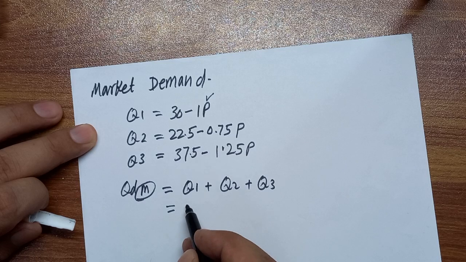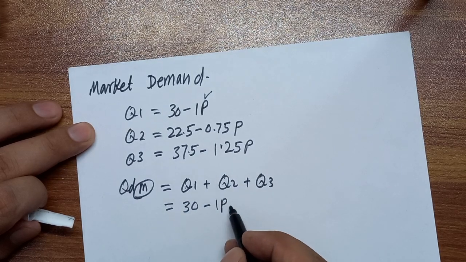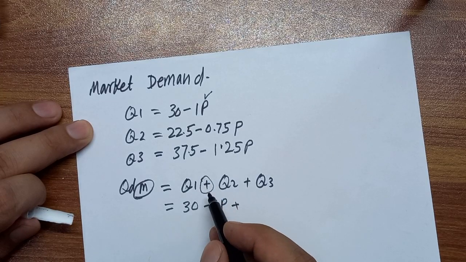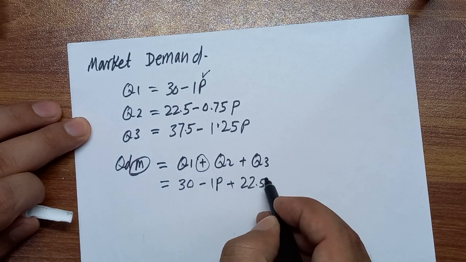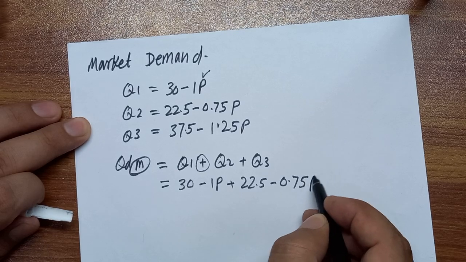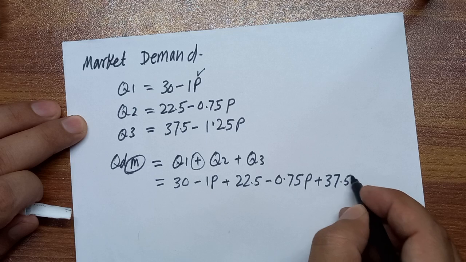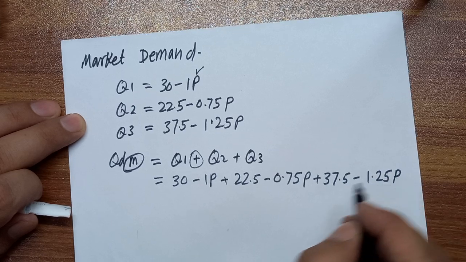So the value of Q1 is 30 minus 1p, and plus, we have plus here, we will add it, 22.5 minus 0.75p plus 37.5 minus 1.25p.